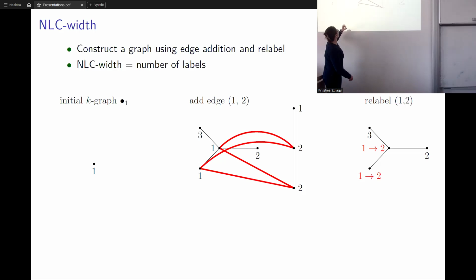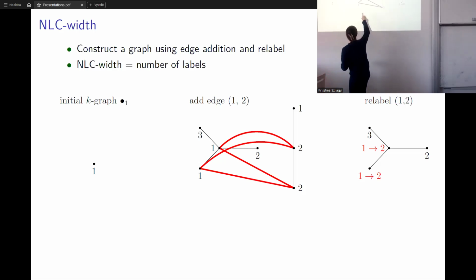So we're the same as in cliquewidth, each vertex has a label, and the number of labels is the sort of thing that we want to minimize. So we are allowed to have an initial graph, a k-graph, which means that we just have a vertex with some label. We are allowed to take two graphs and to add edges between certain labels.